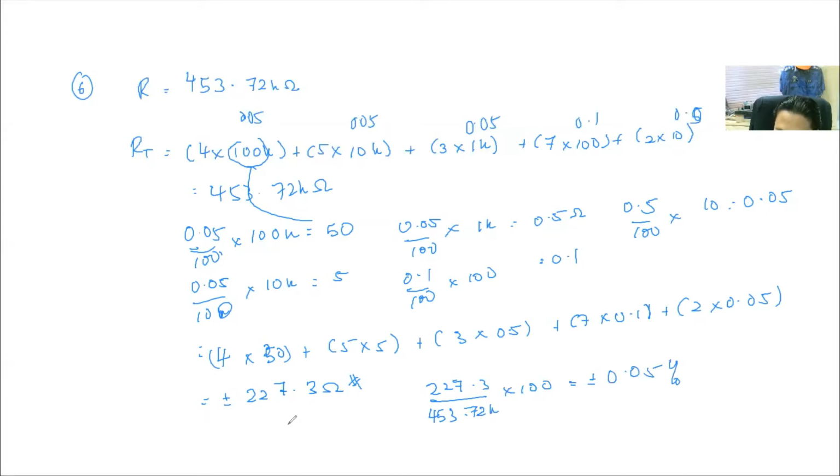Compute the arithmetic mean, the average deviation, standard deviation, the probable error of one reading, and the probable error of the mean. So we have 8 measurements.